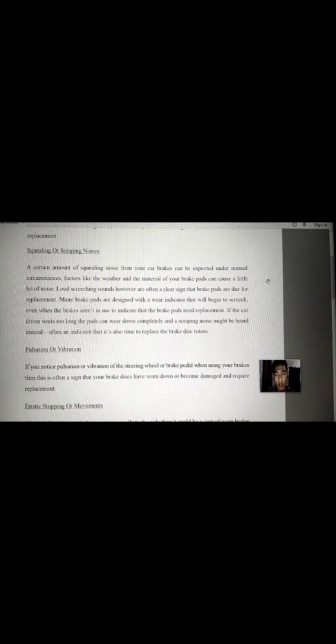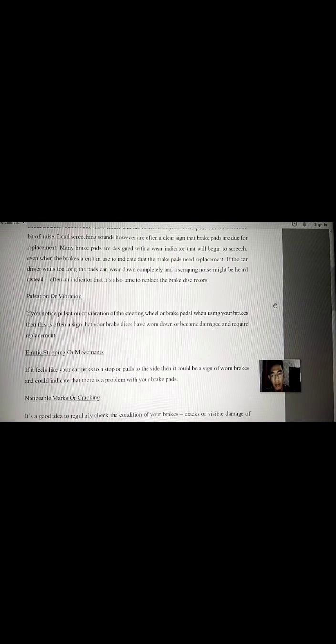If the car is driven way too long, the pad can wear down completely, and the scraping noise might be heard instead. Often an indicator that it is also time to replace the brake disc rotor.